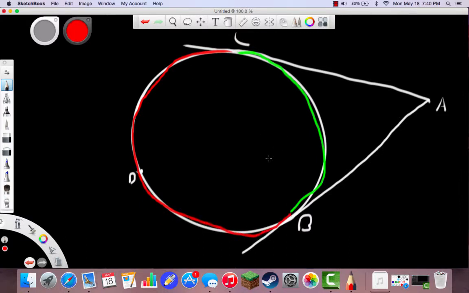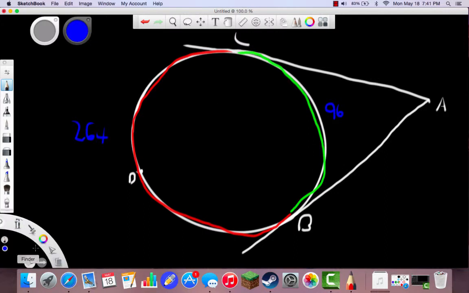But it's the exact same thing as the other ones. So let's give this a measure of 360 minus. So this is going to have a measure of 264, and this is going to have a measure of 96. Obviously, it's not drawn to scale, just bear with me.